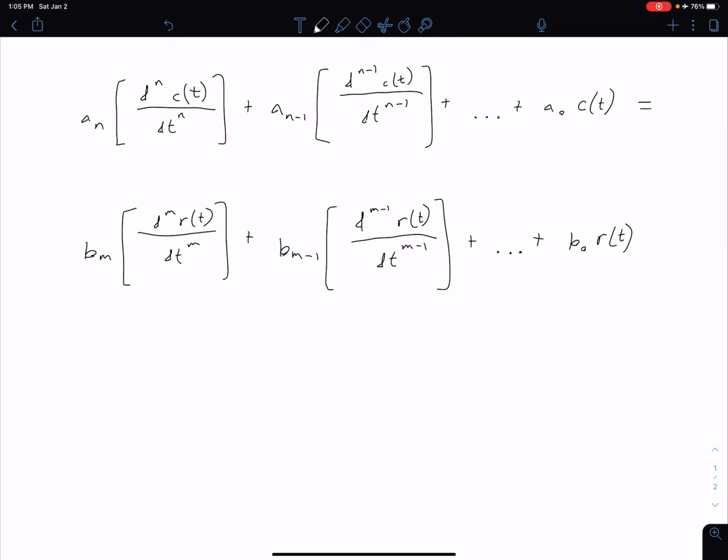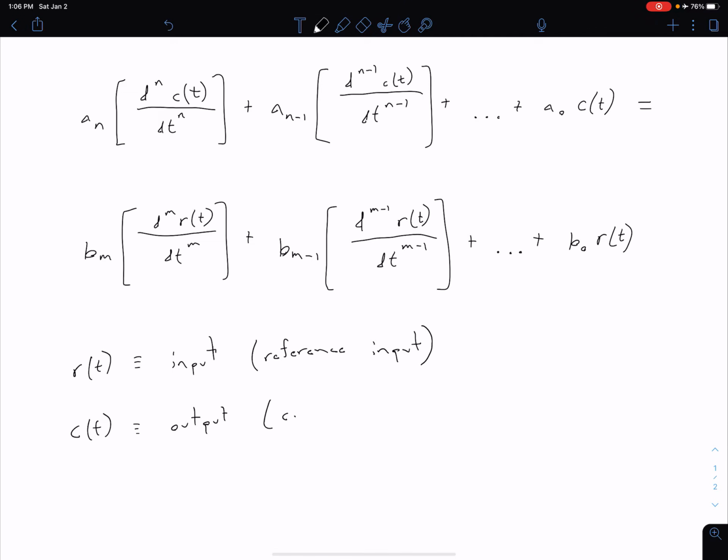We have r of t and c of t scattered throughout there. r of t is our input, and the reason we call it r of t is that this is oftentimes referred to as our reference input. I mentioned that in an earlier video, but just to remind everybody. And you might be able to guess, c of t is our output, and the reason we're using c is because oftentimes in control systems we'll call this our controlled variable.